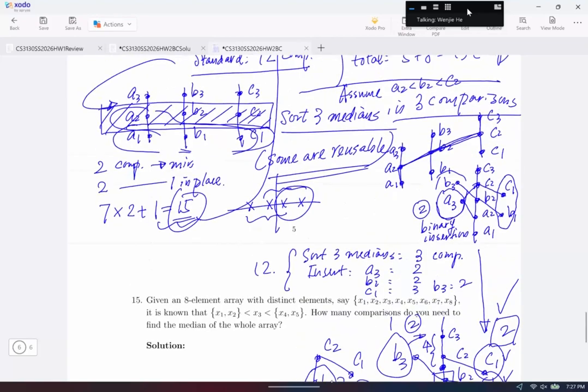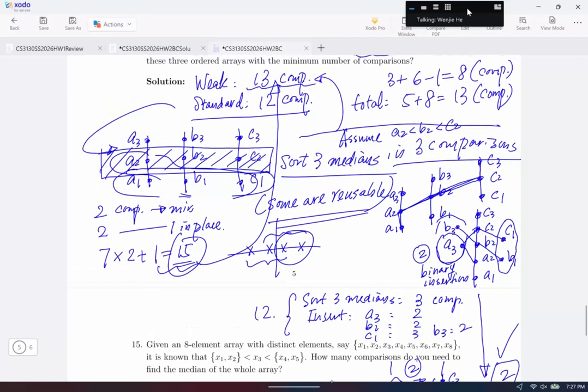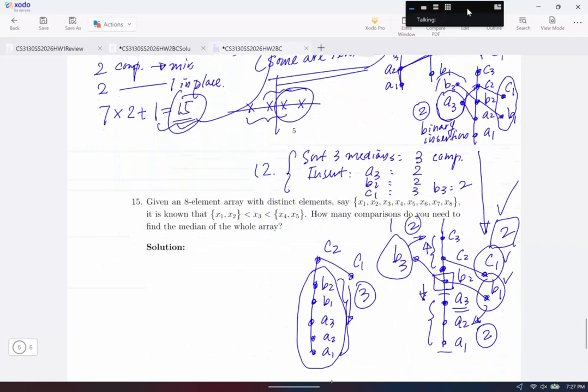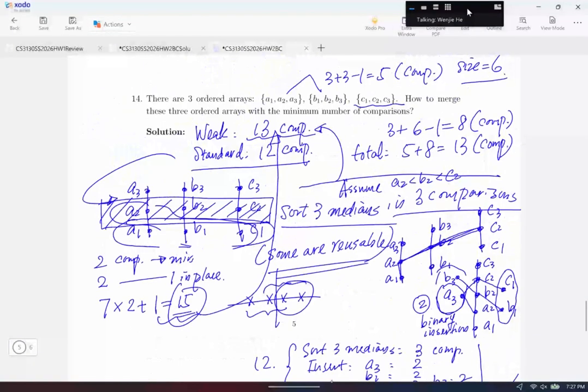So that's the standard solution. 12. I don't know. If there is a stronger solution, 11 comparisons, we can find a solution. But we have a standard solution.